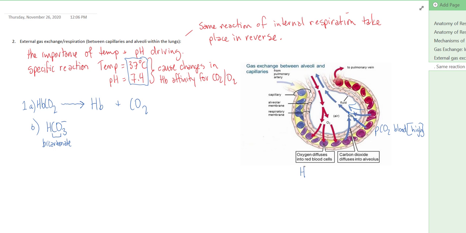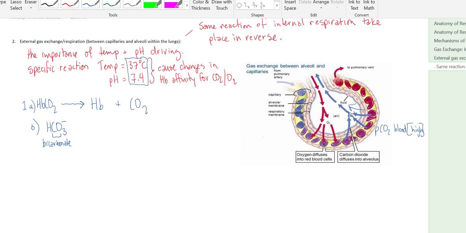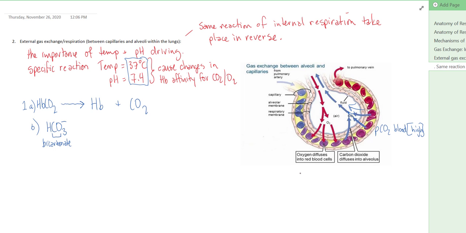Remember that the reduced hemoglobin, and maybe I'll put this in red, but remember that as the pH of the tissues dropped, as there was this increase in H+, that H+ was bound to hemoglobin. Hemoglobin was acting as a buffer.